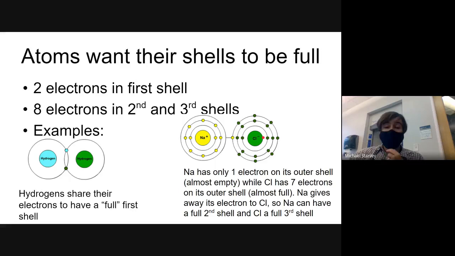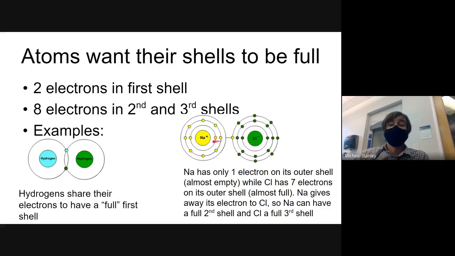If you remember, one of the examples that we did together was chlorine, and chlorine has 7 electrons on its third shell. So if chlorine could just get 1 more electron added to it, then it would have a full third shell. When these types of atoms come together, they interact with each other, and usually what happens is that the sodium atom will give up its electron to the chlorine atom.